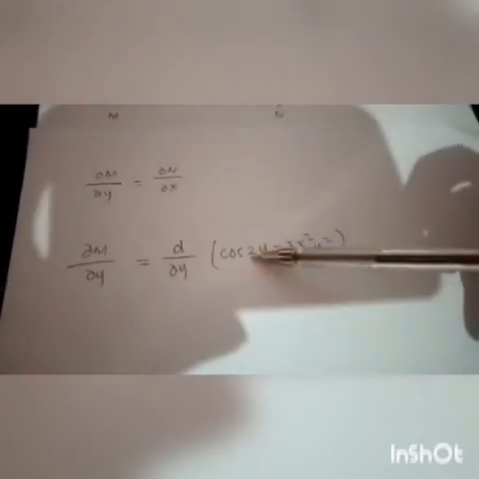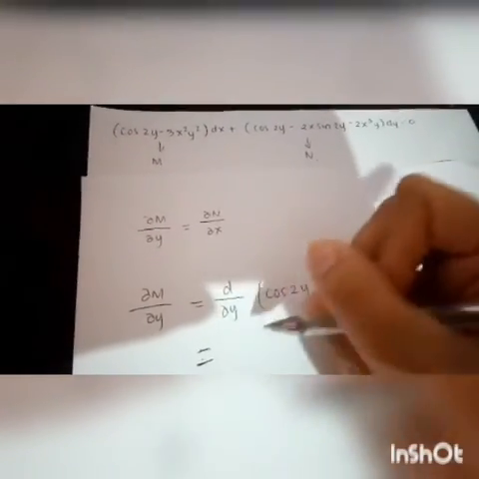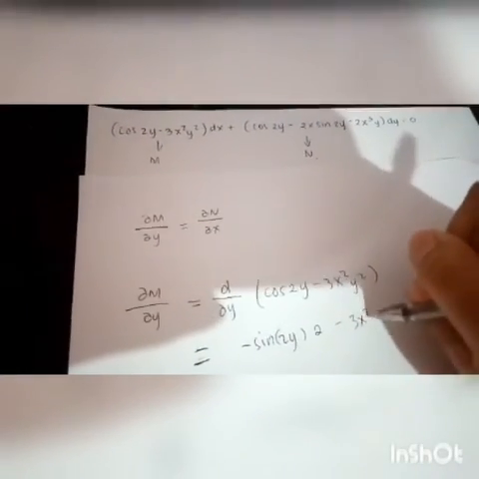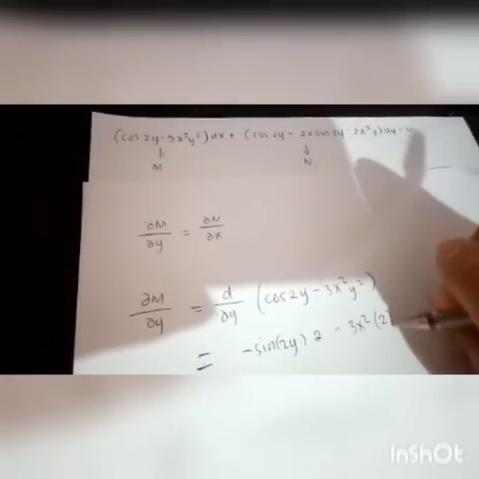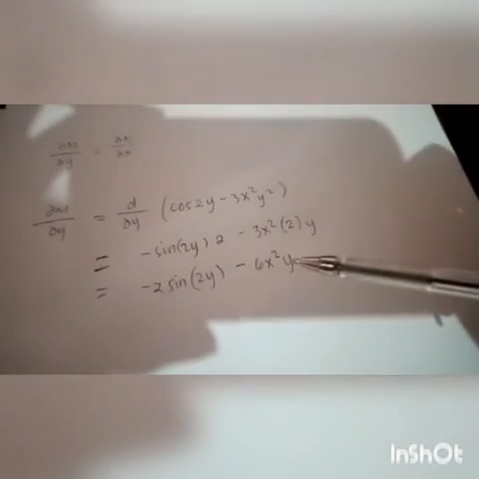All other variables other than y are constant. The derivative of cos 2y is negative sin 2y times 2, minus 3x squared times 2y. So this will become negative 2 sin 2y minus 6x squared y.